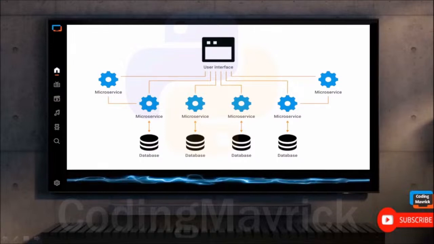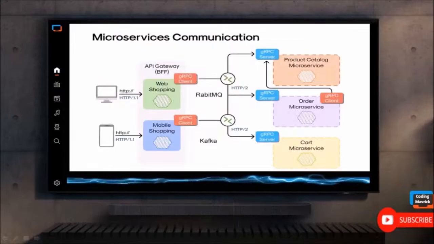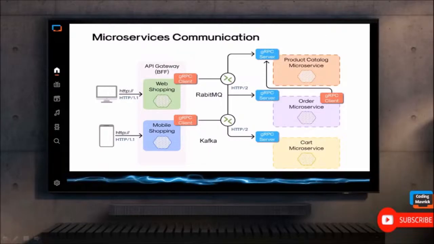An order service takes care of payments and order tracking. Here, each service is like its own mini application. It has its own database, its own logic, and can be deployed independently. These services communicate over lightweight protocols, often HTTP REST APIs or message queues like RabbitMQ or Kafka.